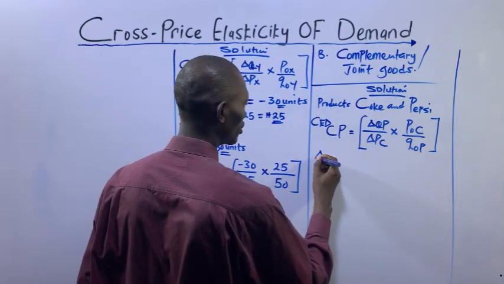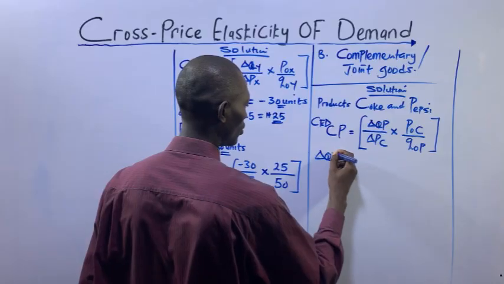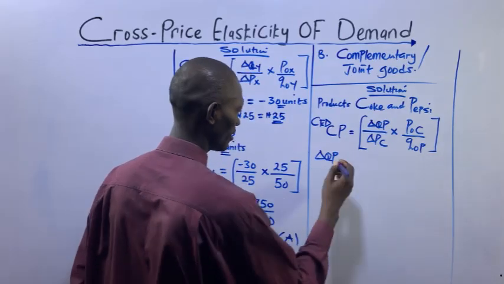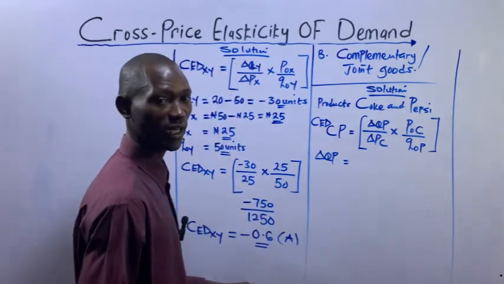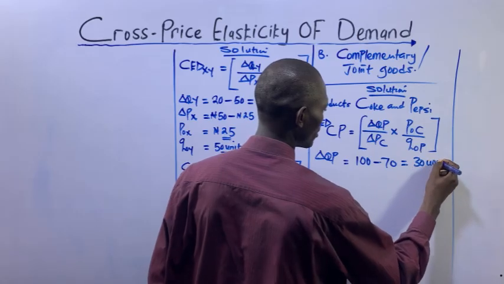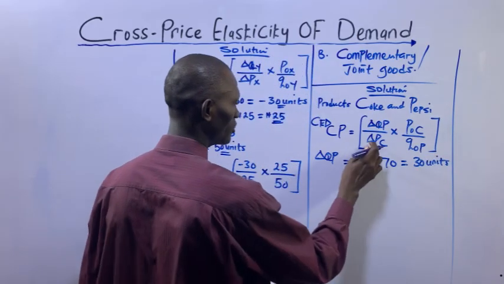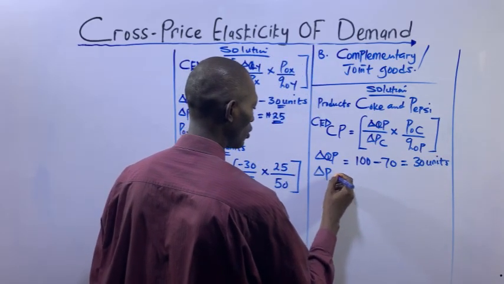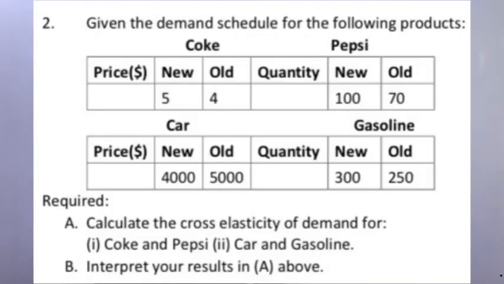So change in the quantity of Pepsi is new minus old. The new is 100 minus 70. That gives us 30 units. Then change in the price of Coke is $5 minus $4.